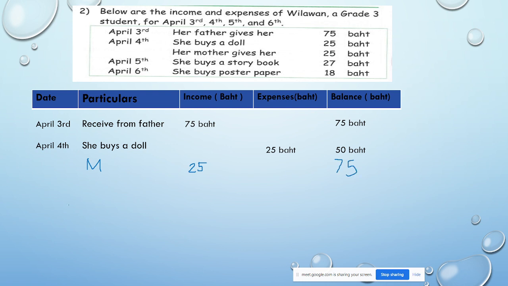On the next day, April 5th, she buys a storybook for 27 baht. So is that an income or an expense? Income. She buys a storybook.